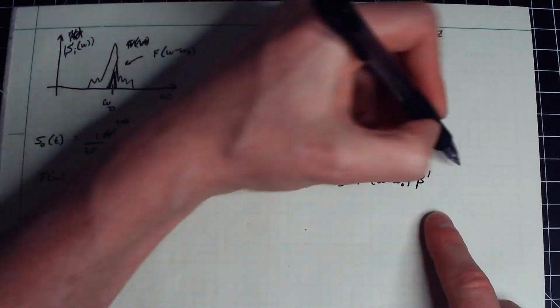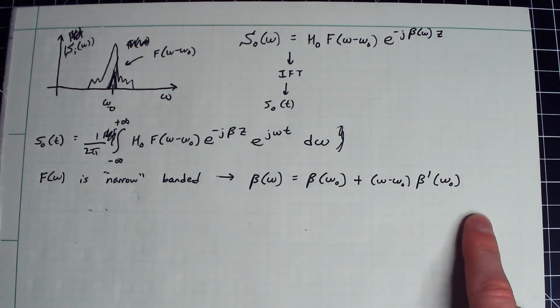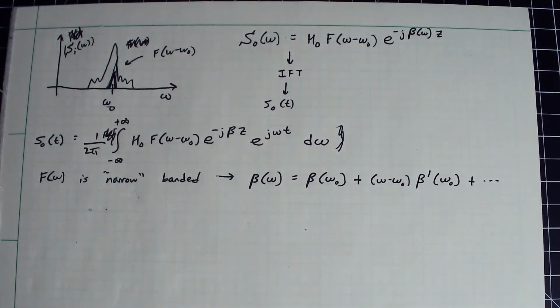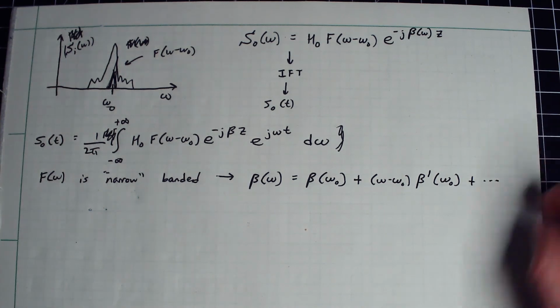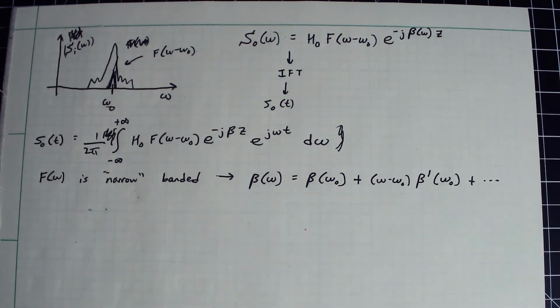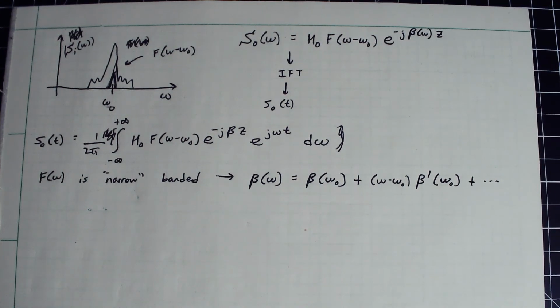So that's the derivative with respect to omega evaluated at omega naught. And of course, there's going to be a bunch of other terms here, but I don't care about them. When you are narrow banded, all those terms are going to become imperceptibly small, and so we don't care about them. Okay, so I'm only going to look at the first two terms in this Taylor series expansion.